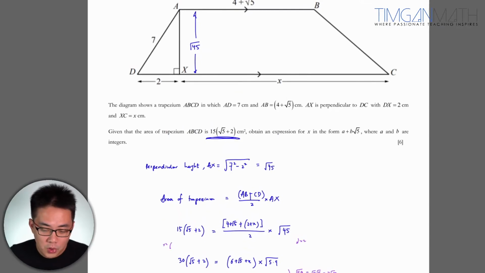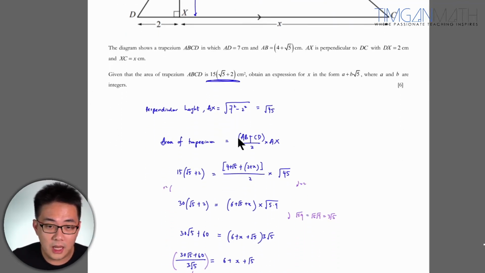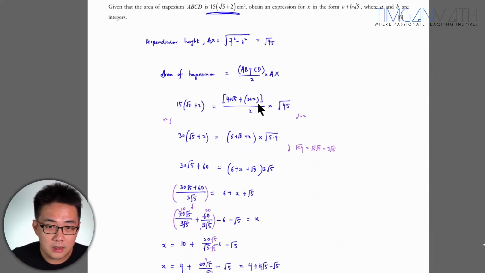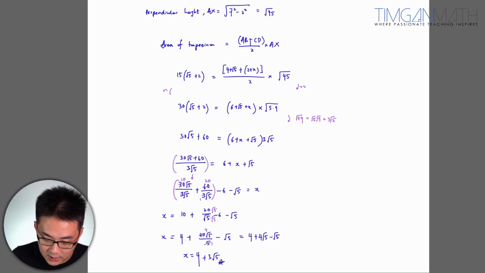Please make sure to check on your calculator that your values are correct. You could just key in the area formula and substitute x, which is 4 plus 3 root 5.